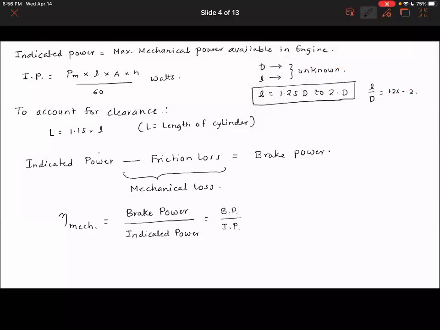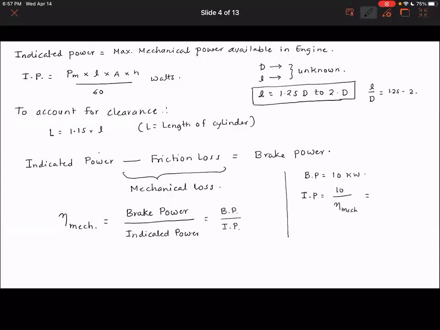So sometimes when you look at the engine design problem, they will not give you the value of indicated power. They will give you the value of brake power, maybe 10 kilowatts. So what we have to do is divide that brake power by mechanical efficiency, so 10 divided by the mechanical efficiency, to find out the indicated power.